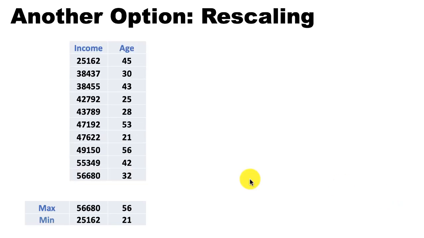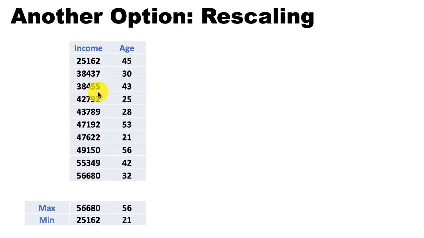There's another option. This standardization is not the only option to make them commensurate. Here what we are going to do is for each attribute find the maximum and minimum, and adjust these values such that the smallest value becomes 0 and the largest value becomes 1.